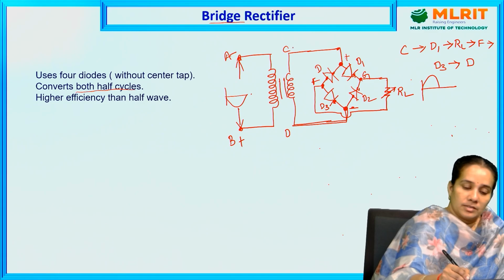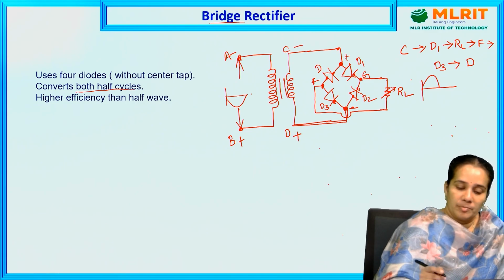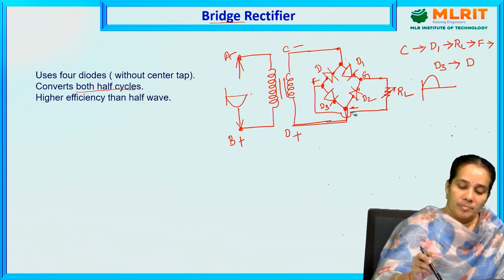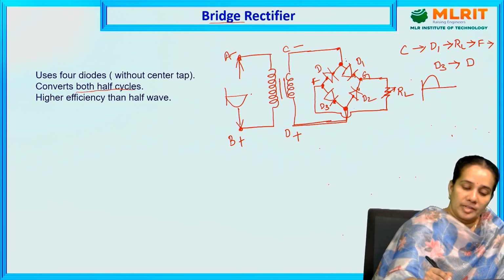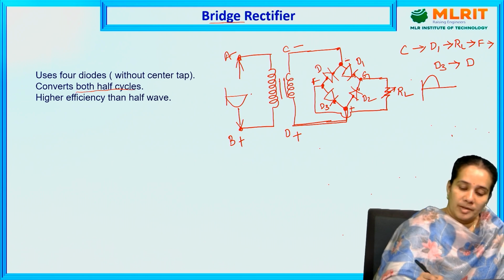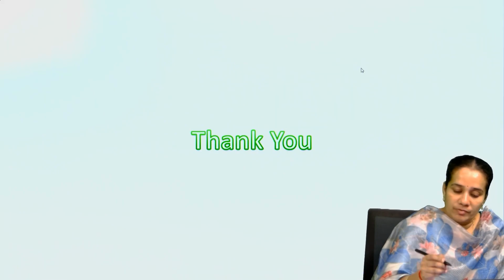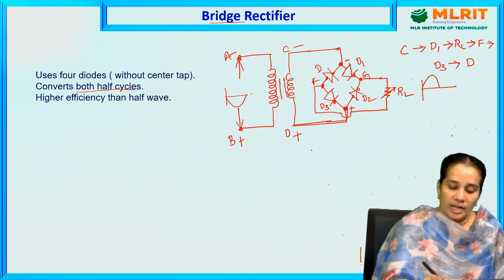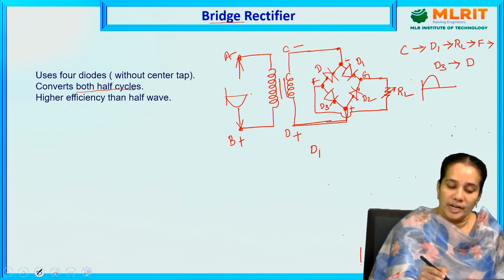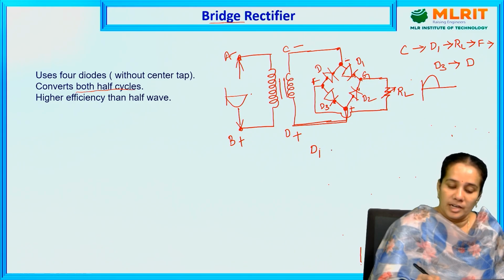So then C becomes negative and D becomes positive. When this node is positive, then the diode D1 has its negative terminal connected to the positive terminal of the battery. When the negative terminal is connected to the positive terminal of the battery, then the diode operates in reverse bias.